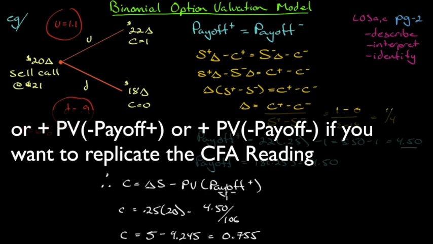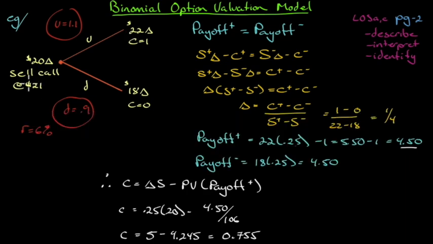Remember now, we can't carry the original position to the end of the term to figure out what the no arbitrage price would be, because the thing we're trying to figure out is the initial position, the value of the call. But at the end of the term, we know for certain what the call values will be. So for there to be no arbitrage, the payoff must equal the loan.